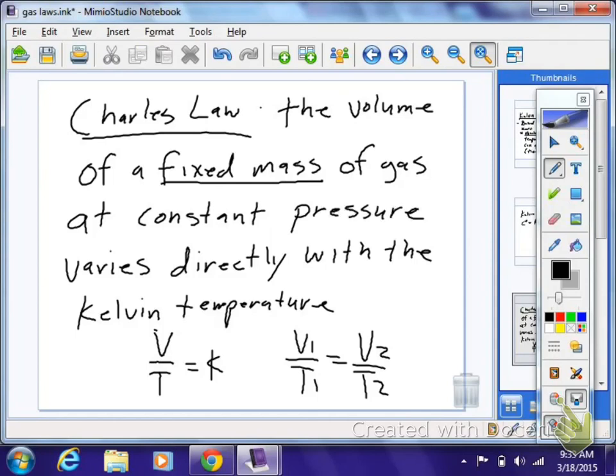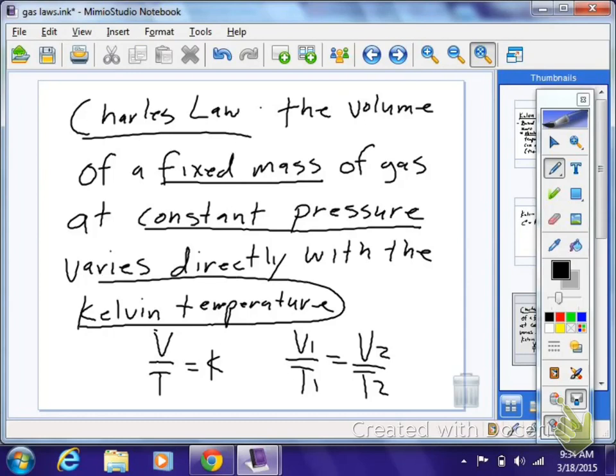Okay. Another thing we need to keep constant is the pressure. So those two things throughout the experiment we're going to keep constant. They're not going to change. What two things will change in the experiment is the Kelvin temperature and the volume.